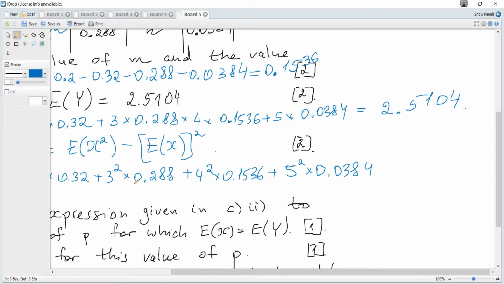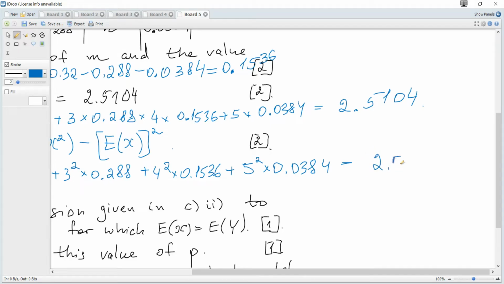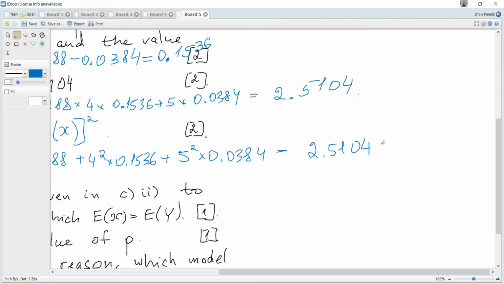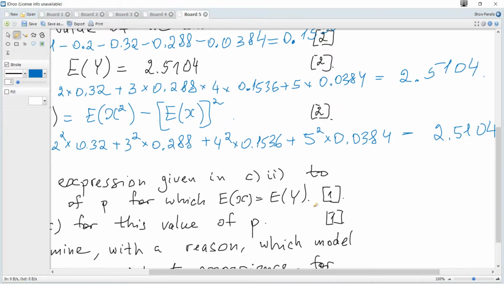It's expected value of x squared, and minus this squared, expected value of y, and it's 1.19 to 3 significant figures.